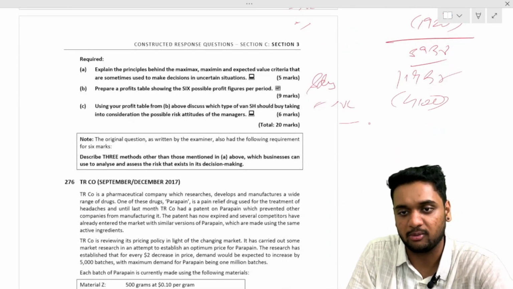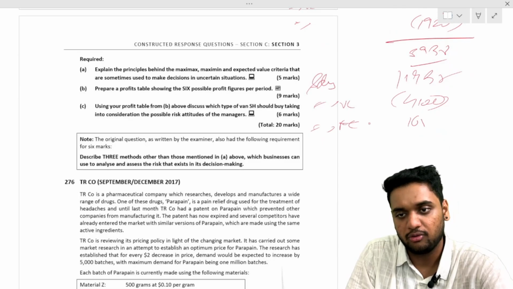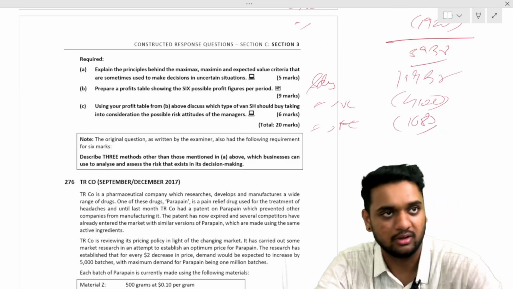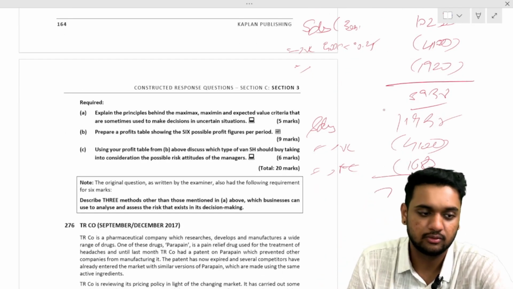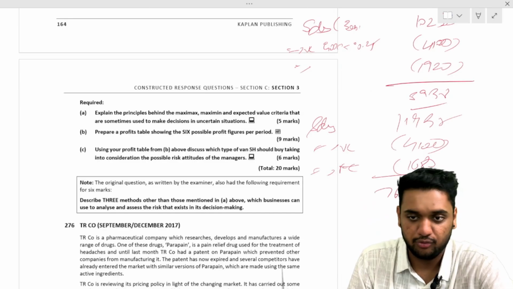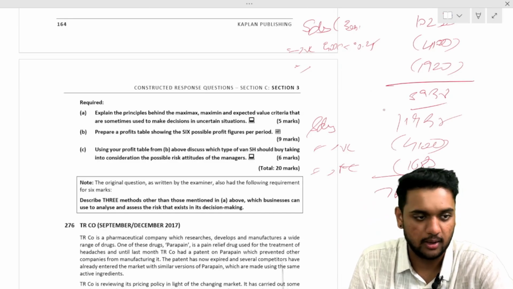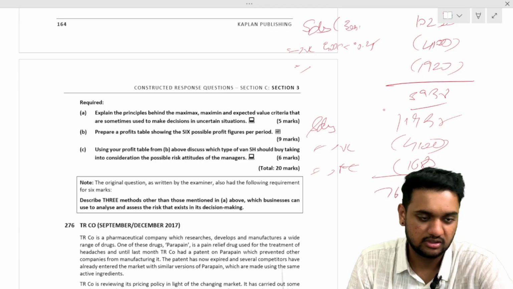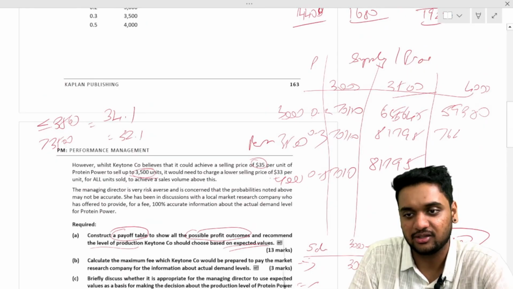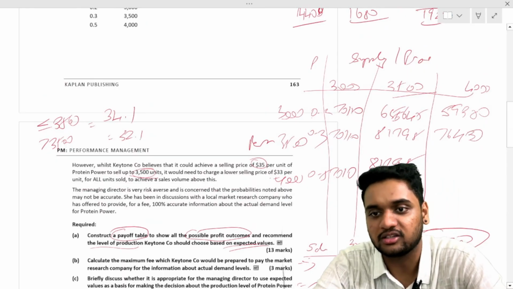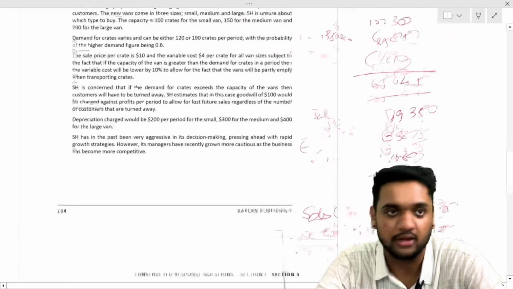Fixed cost also copy paste from above. Fixed cost and variable cost you can copy paste from the similar items. So 76,430. Come above, right? 76,430.